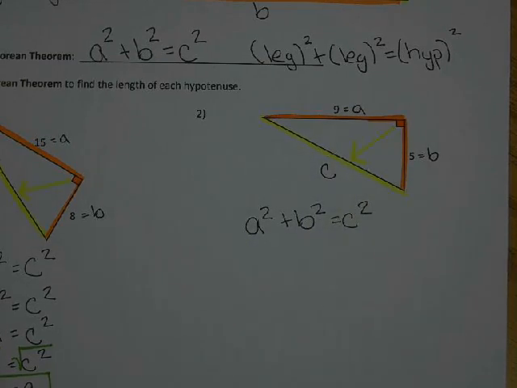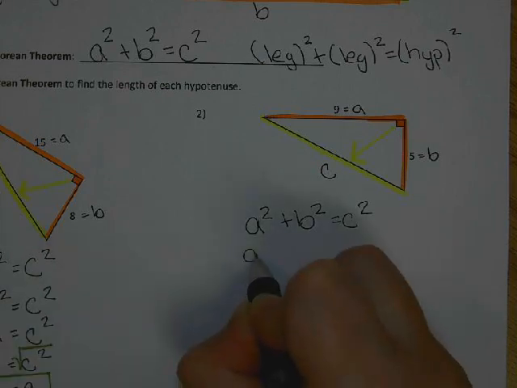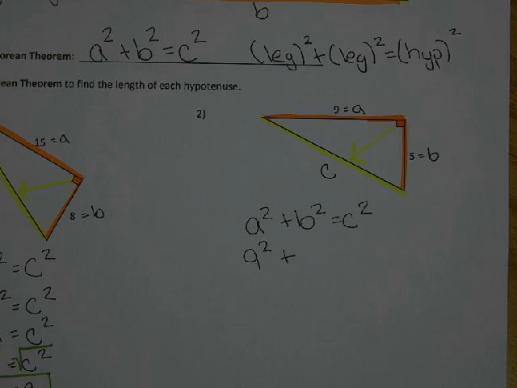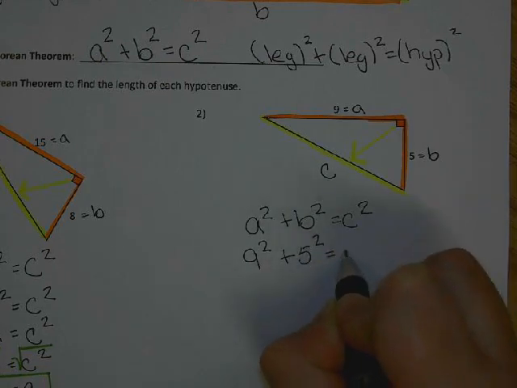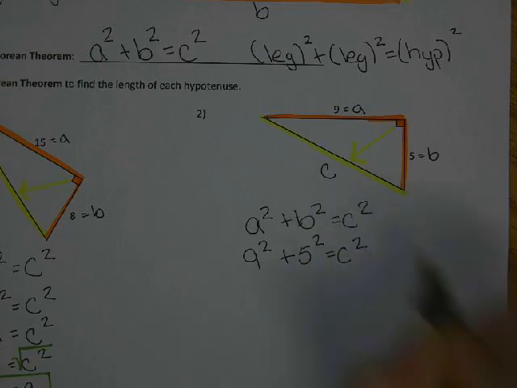All right, so Doma, what's A? 9. So 9 squared plus Miriam, what's B? 5. Plus 5 squared equals C squared.